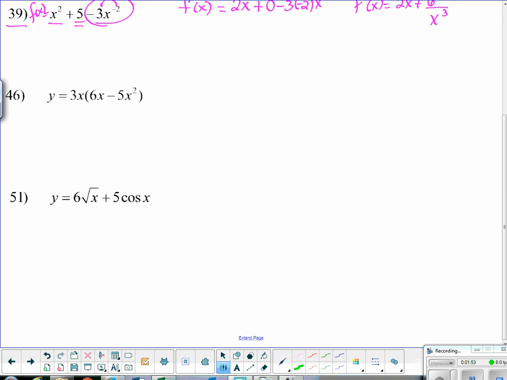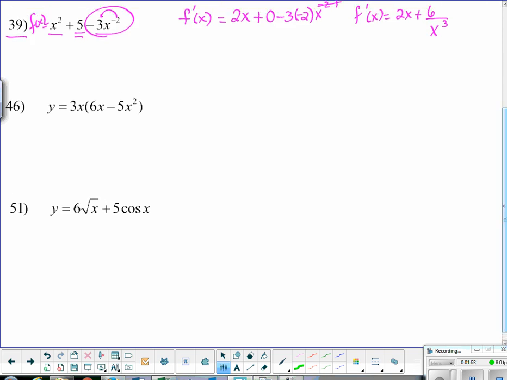For 46, it would be nice if we had a product rule for differentiating, because I have two things multiplied, right? So I've got the product of two things, but yet we don't have that sort of rule yet. And soon we will, but right now we can get around it if we simply do the distributive step.